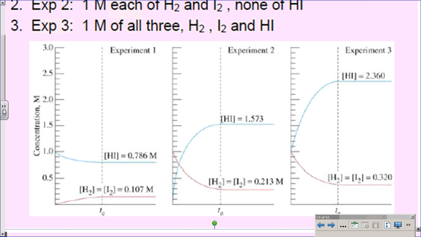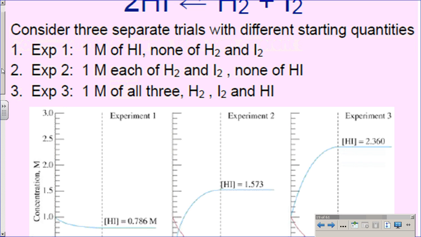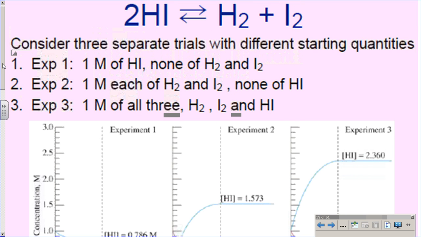Okay, so here is the reaction. 2HI equilibrates to H2 plus I2. Equilibrates is a good word. I'm going to let you write down your reaction first. These numbers are hard to see, so I'm going to say it out loud.